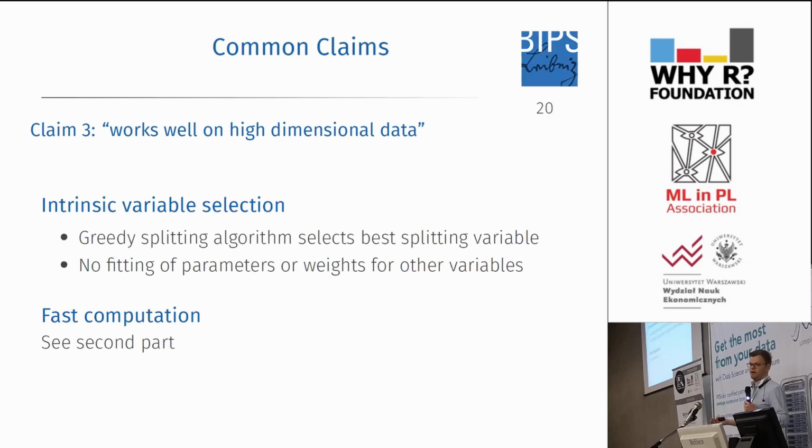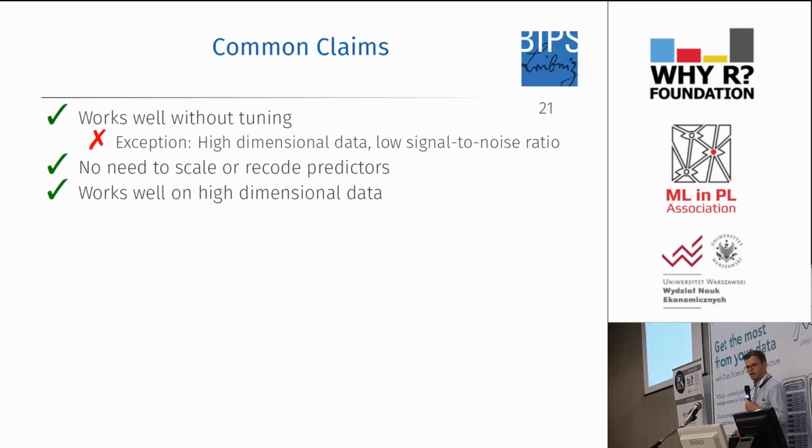So it has an included variable selection. And this also leads to fast computation because you don't have to fit weights or parameters or anything for all the other variables, which might be unimportant. But we'll see more on the computation times in the second part. So I would say it works well on high-dimensional data.